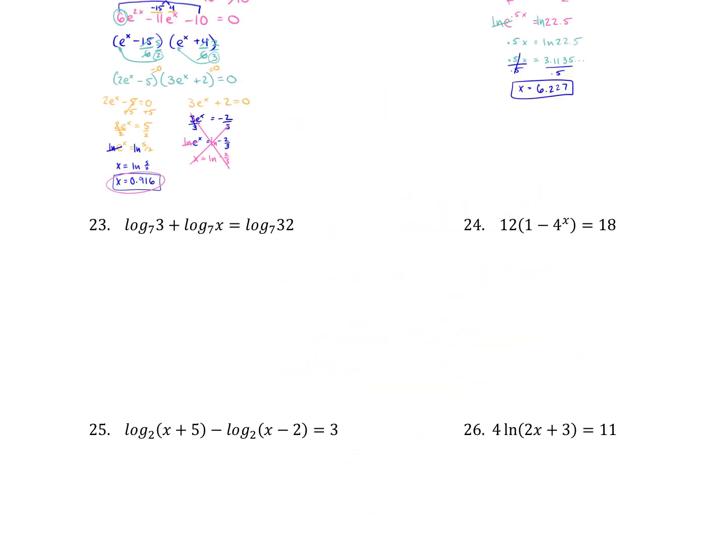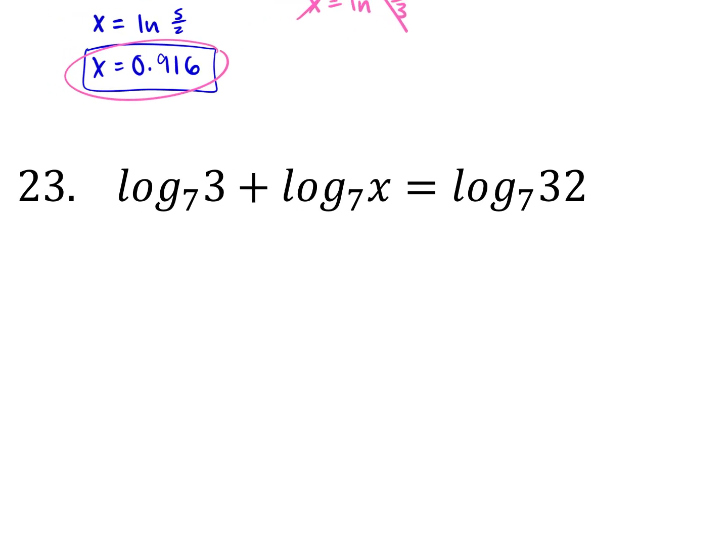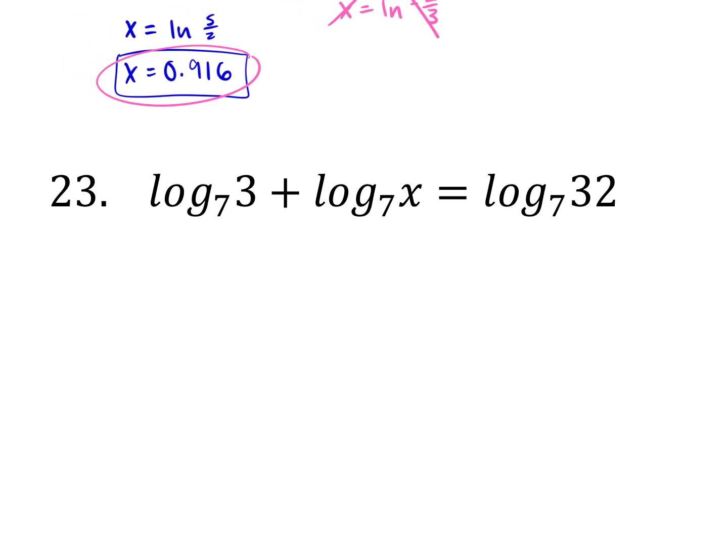All right, let's do 23. So what you cannot do here is cancel out all the logs. You can only do that if you have 1 log equals 1 log. So can we make this be 1 log equals 1 log? How? Condense them. We got to condense the left side. So when we're adding, how do we condense? Multiplication.